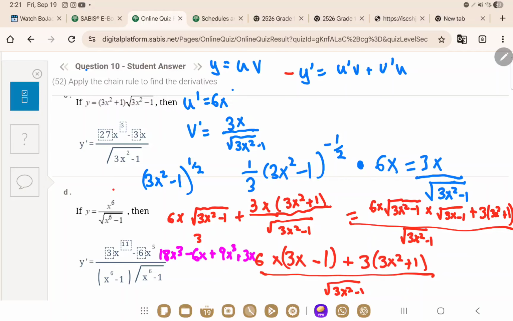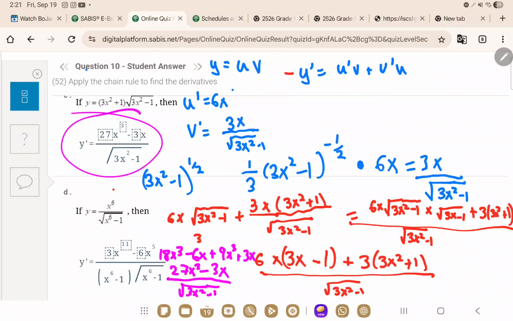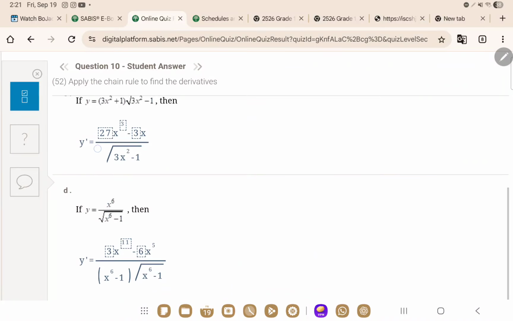Then, simplifying like terms, you get 27x cubed minus 3x all over radical 3x squared minus 1. And that's how you get this answer. As you can see, it's a very long and tedious process. Let us move on to the next part.